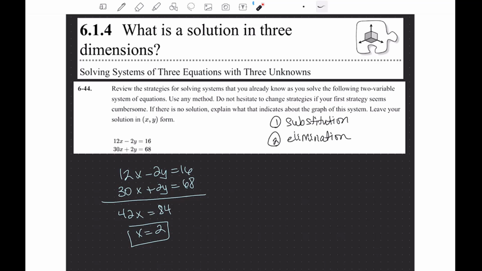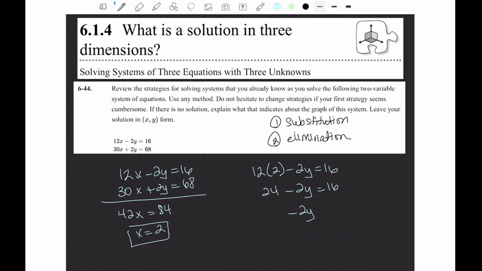Anybody got a preference? First one? I'll do the first one. So 12 times my x, which is now 2, minus 2y equals 16. So 24 minus 2y equals 16. Okay. Subtract 24 from both sides.